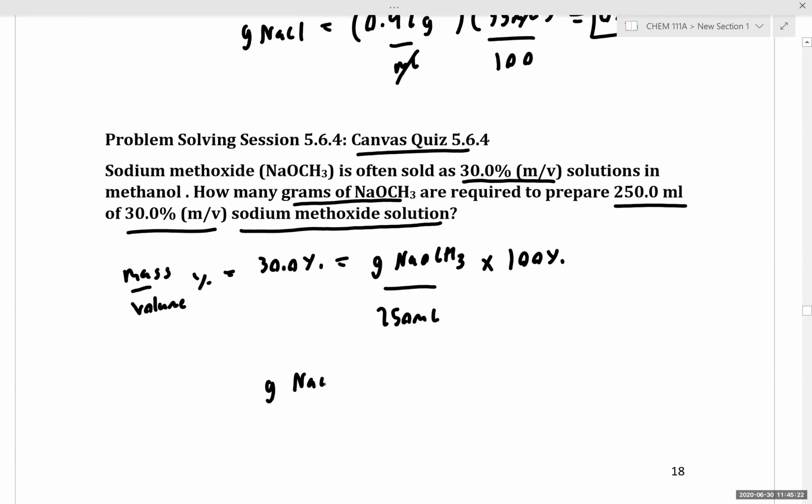Solving for the grams of methoxide, we get 30% over 100% times 250 milliliters, which if we punch it into our calculator, gives us 75 grams.